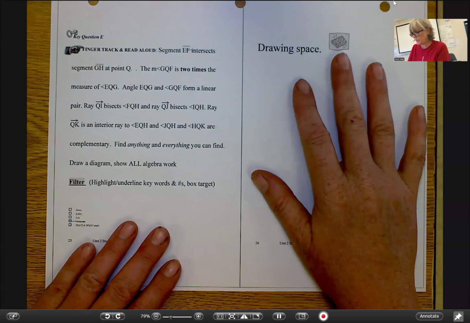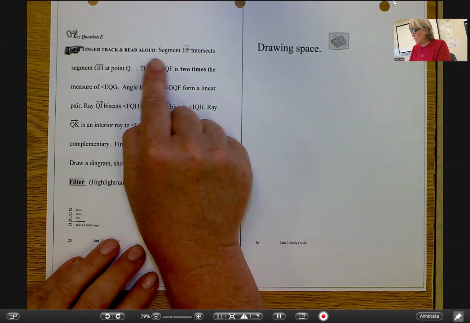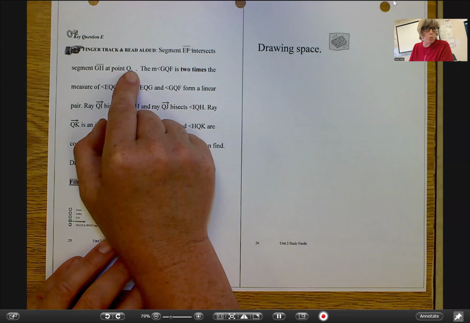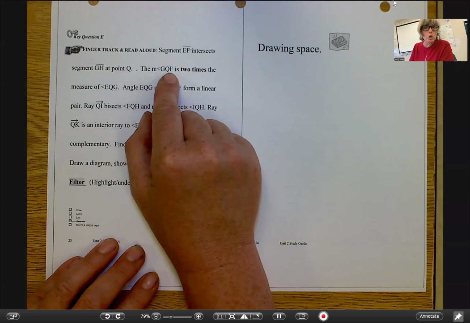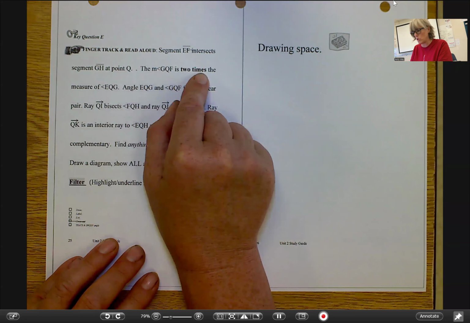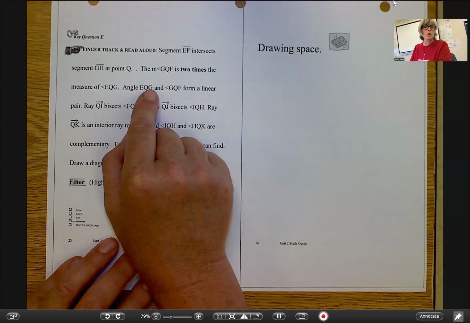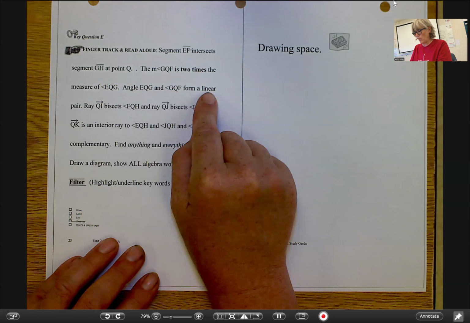E. We're going to read the whole thing. Segment EF intersects segment GH at point Q. Angle GQF is 2 times the measure of EQG. Angle EQG and GQF form a linear pair.